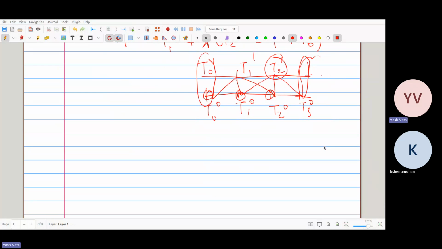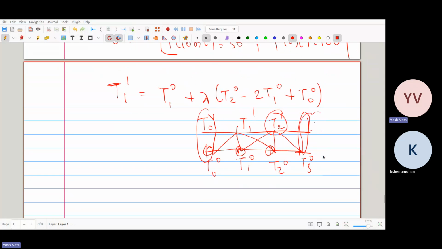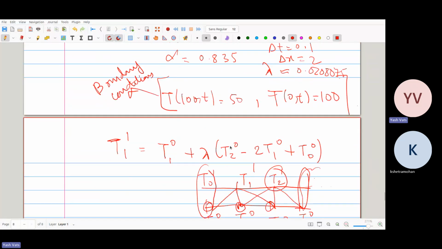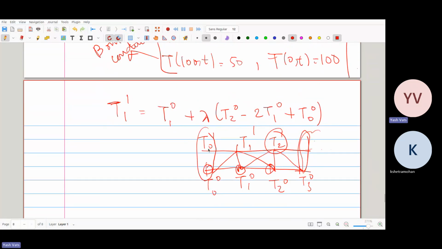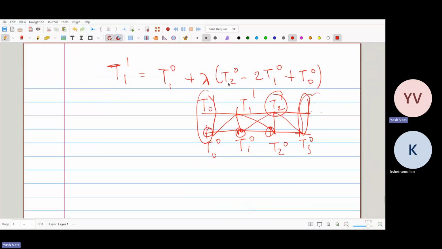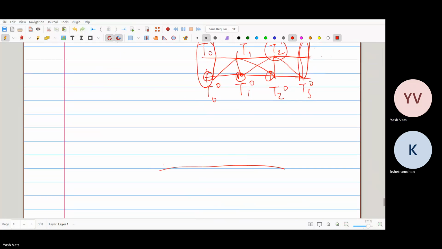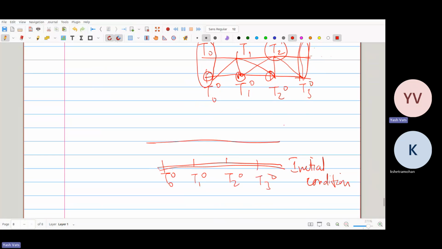It's just an illustration of how to find T_1^1, T_2^1, and so on. This line is the initial condition: T_0^0, T_1^0, T_2^0, and so on. This line is the next line of the solution. This line is the boundaries, the initial boundary conditions, whatever the ending point is.